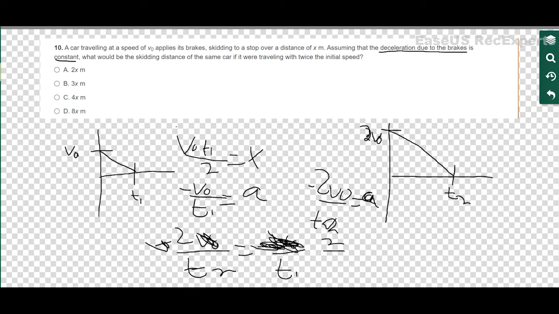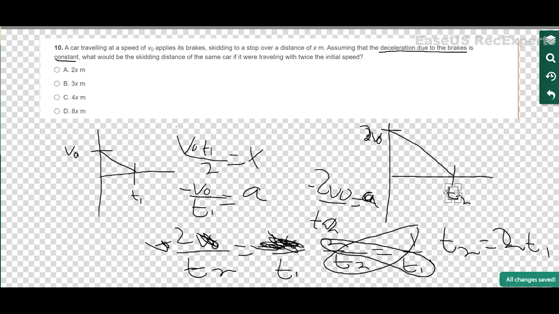So now you get 2 over T2 is equal to 1 over T1. You can cross multiply, so you would get T2 is equal to 2 times T1. Now we can replace this T2 with 2 times T1.